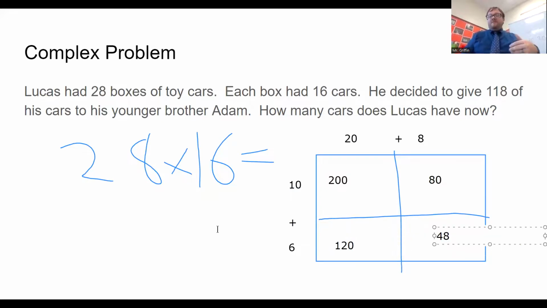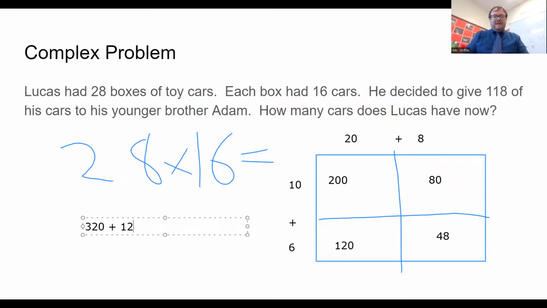All right. Then, of course, we add those numbers together. I like doing them in separate rows. So I have 320 plus 128. Just makes it easier for me when I'm doing my adding.